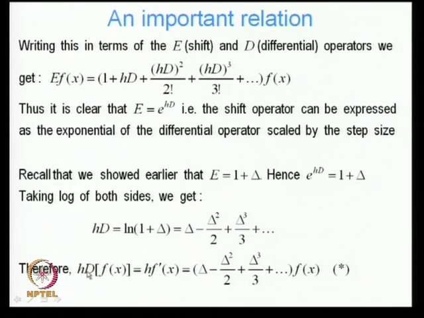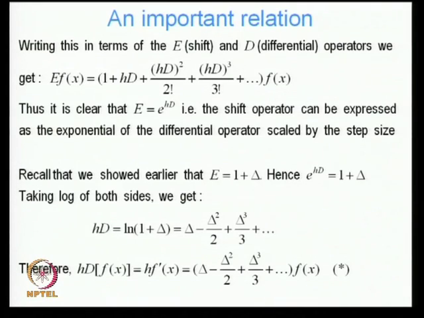Therefore, h D operating on f(x) is equal to h f prime of x by definition, because D is nothing but the differential operator, is equal to this series operating on f(x). So, what does this tell me?